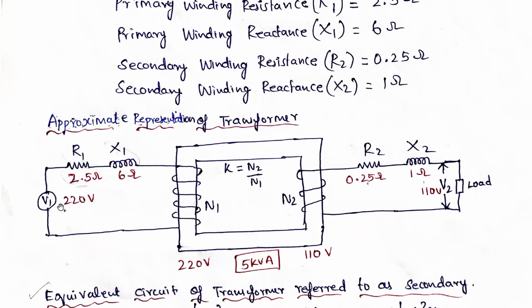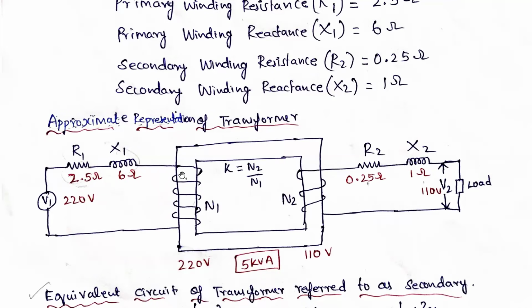What is the voltage? For example, 220 volts here, and here it is 110. So the ratio is 2:1. Based on the ratio, you need to draw the number of windings also. This is the single line representation. Here I have drawn 2:1, 6 and 3.